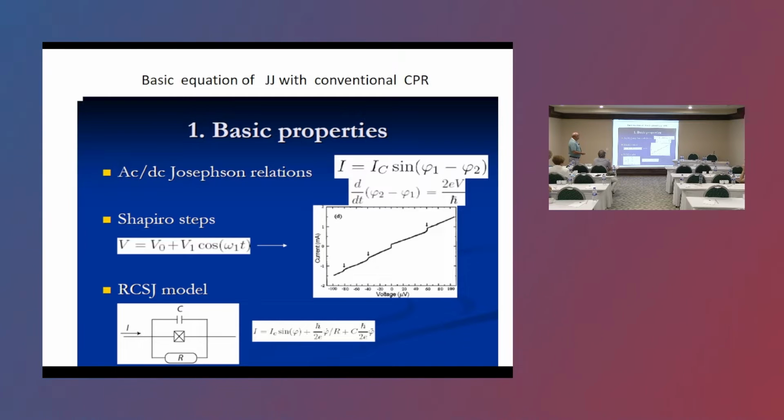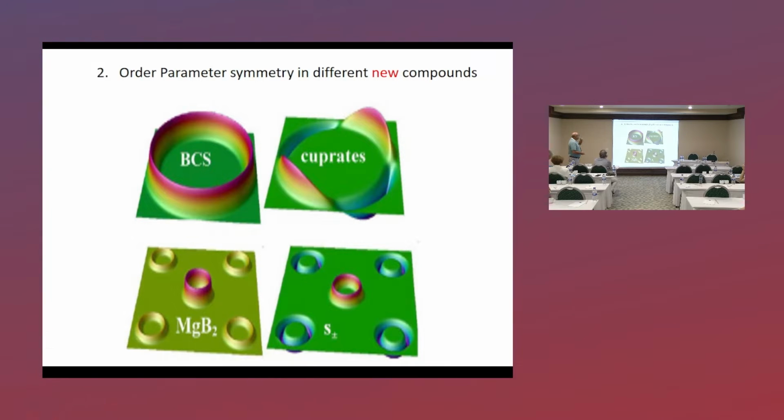And our aim here is to take into account other parameters, symmetry and multi-component character of the superconducting state on the current-phase relation, on the Josephson current relation.